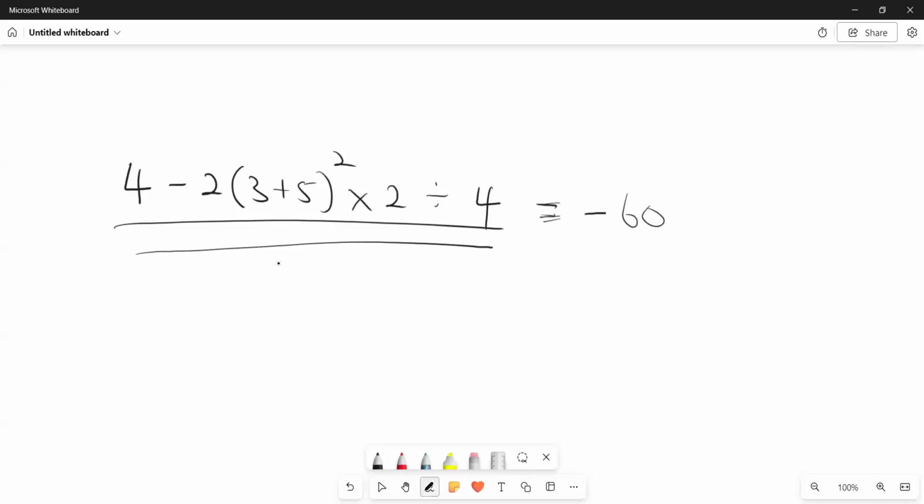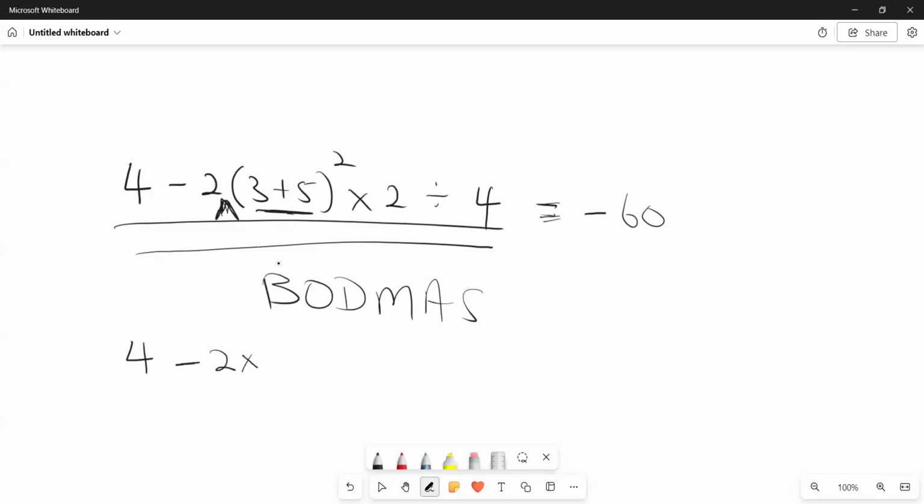According to the rule, going with BODMAS, we're going to work out what's in the bracket first. So you get 4 subtract 2. There's a multiplication sign here, even though we don't normally put it, so we're going to put it down.